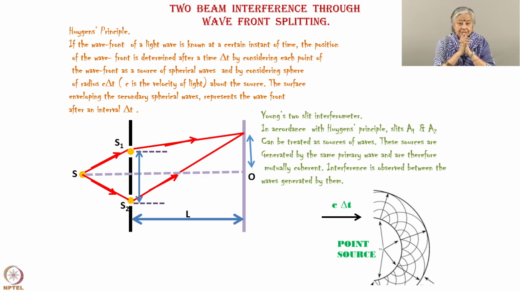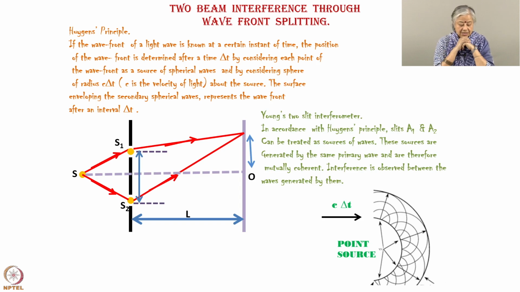Okay. So, before that, I think you should just recollect what is Huygens principle. I have just written it here. If the wavefront of a light wave is known at a certain instant of time, the position of the wavefront is determined after a time delta t by considering each point of the wavefront as a source of spherical waves, and by considering spheres of radius c delta t. c is the velocity of light, delta t is the time.